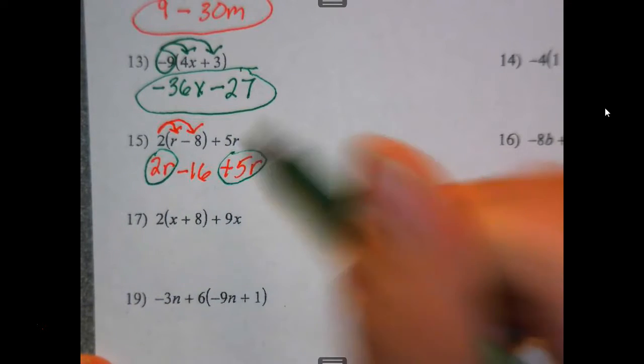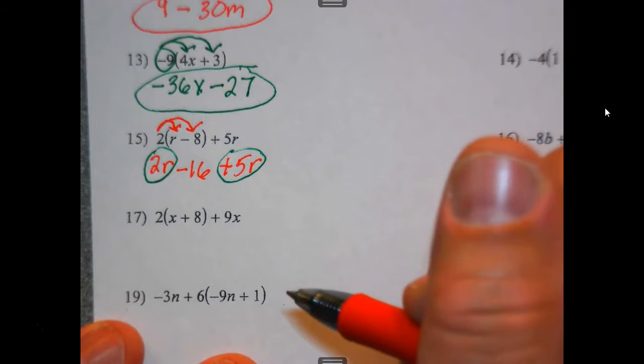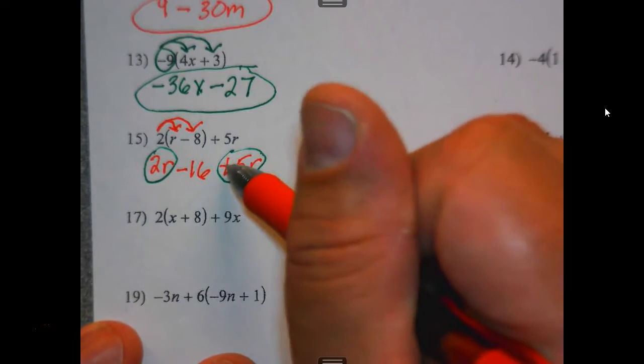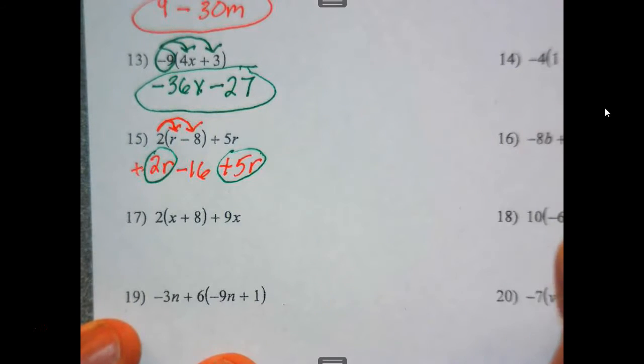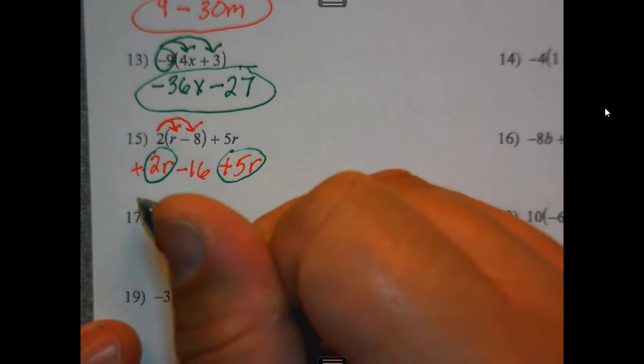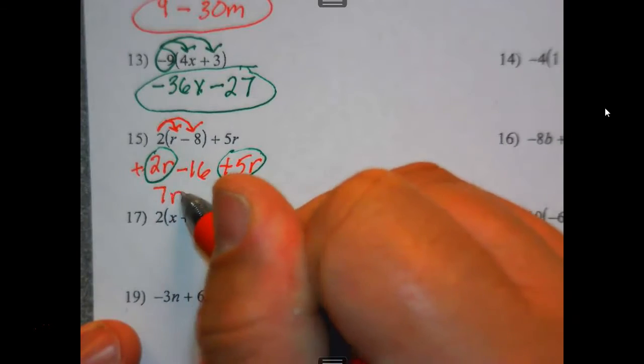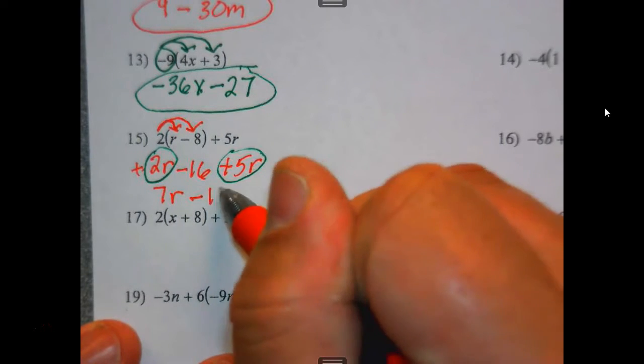Got a 2r and a 5r gives me 7r. Well, it's the sign in front. The sign in front of 2r is plus, right? It's positive. Okay. So I have 7r minus 16.